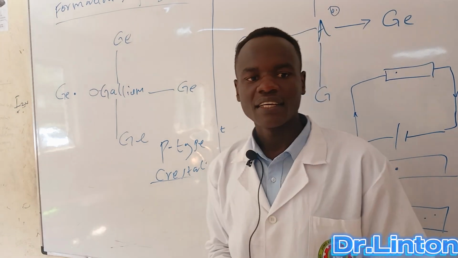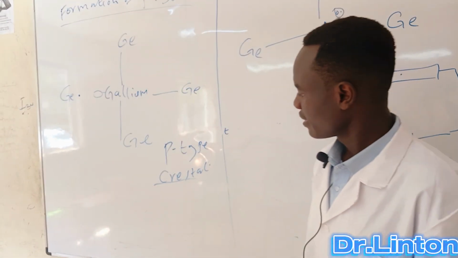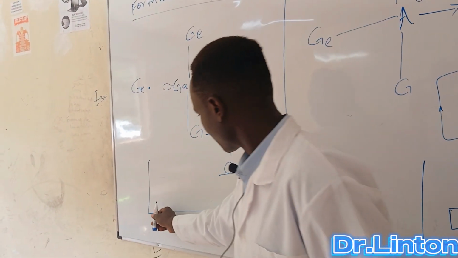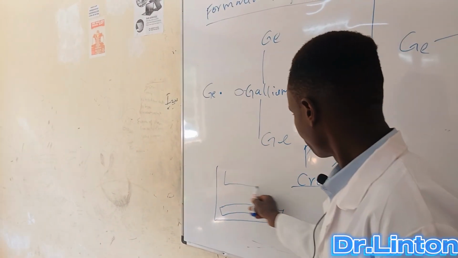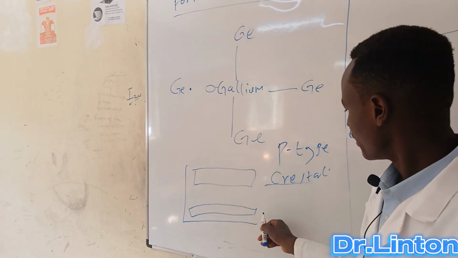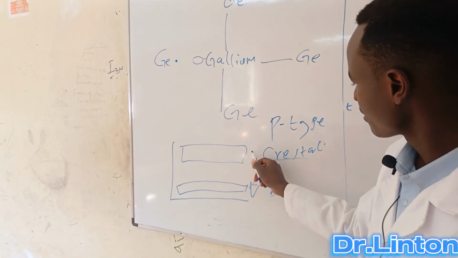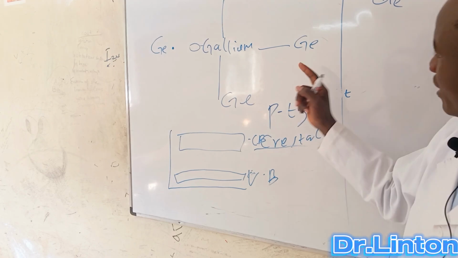Let us see the band diagram for this. When we draw the band diagram, this is the valence band. This is the conduction band. We see that a hole is created here.